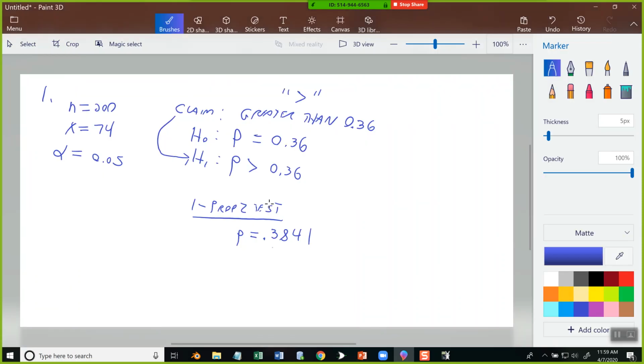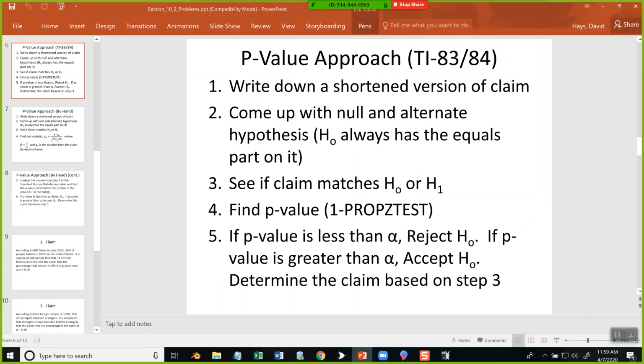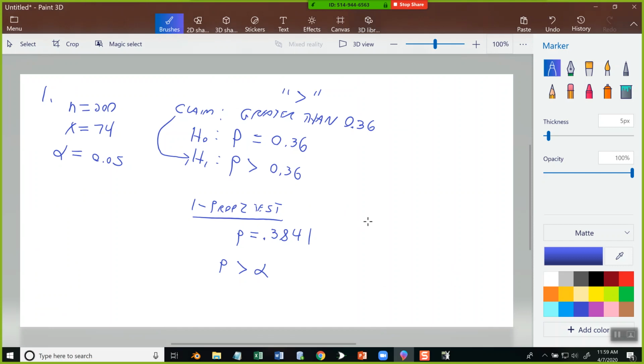Well, obviously, P is greater than alpha. P is 0.3841, alpha is 0.05. So this is about 38%, this is about 5%. This says if p-value is greater than alpha, we accept H naught. So we accept H naught.